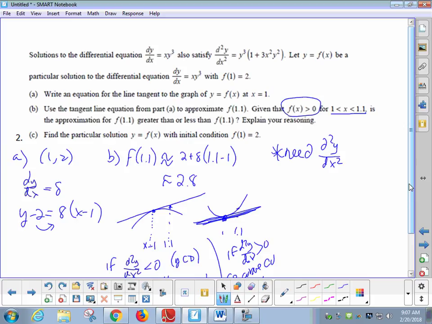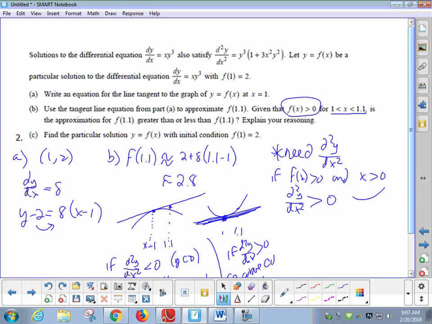Well, if f is greater than 0, and x is greater than 0, in this region of 1 to 1.1, then what about the second derivative? Well, everything's positive. It's got to be greater than 0.